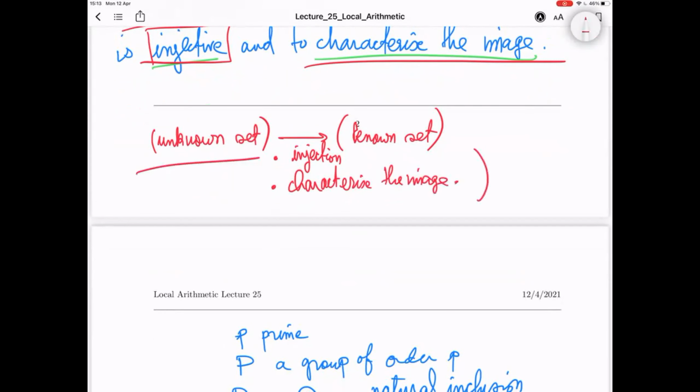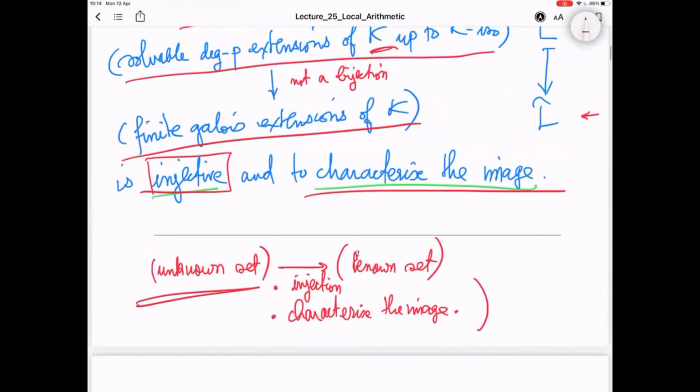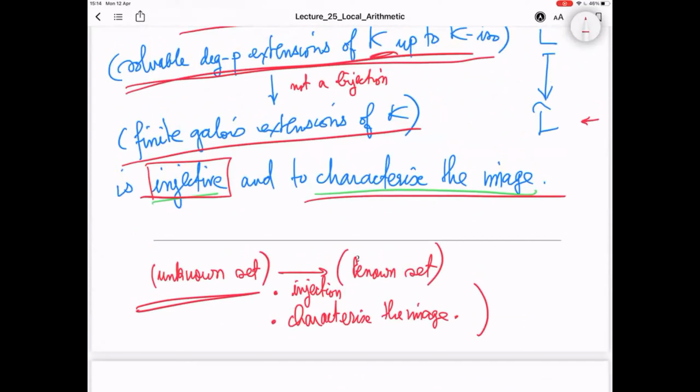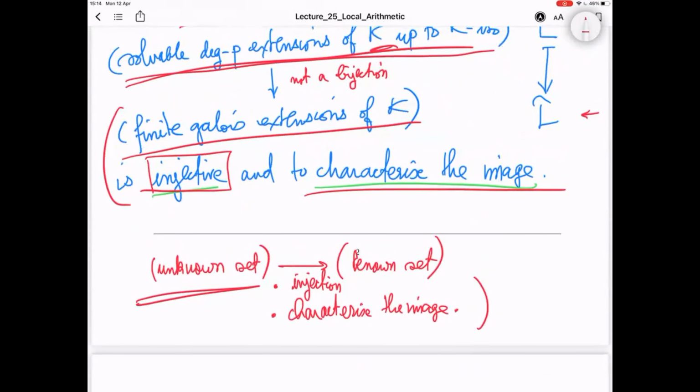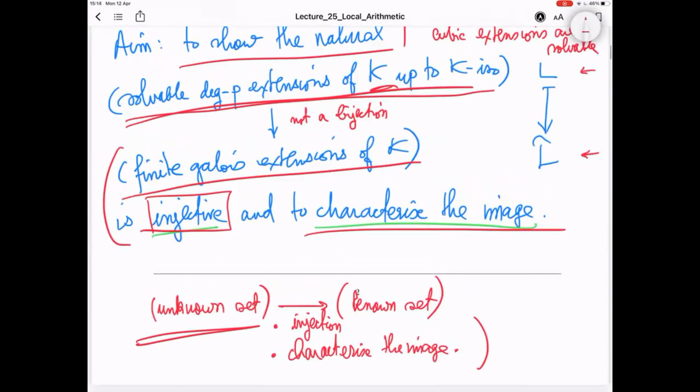Then, of course, you have determined what this unknown set is. So that's what we are going to do. This set of soluble extensions of degree P is unknown, and we want to parameterize it. So the first approximation of the parameterization is to say that taking the Galois closure is injective, and we will characterize the extensions which are obtained in this manner. Okay, so let's start.